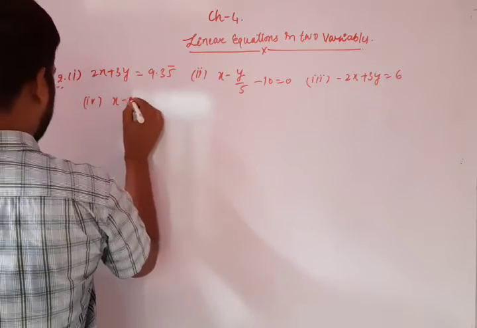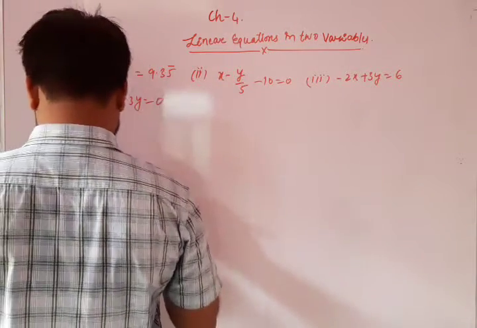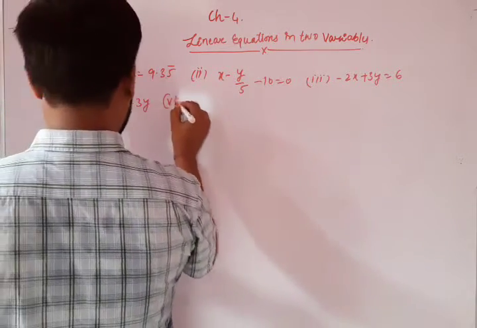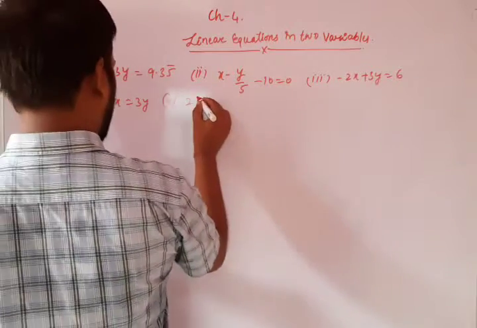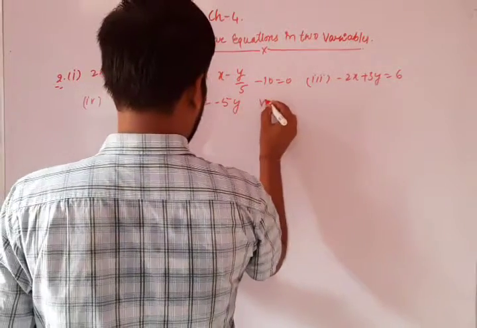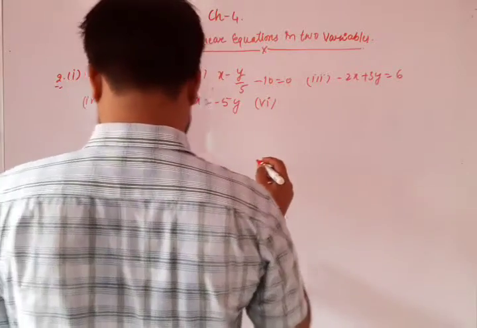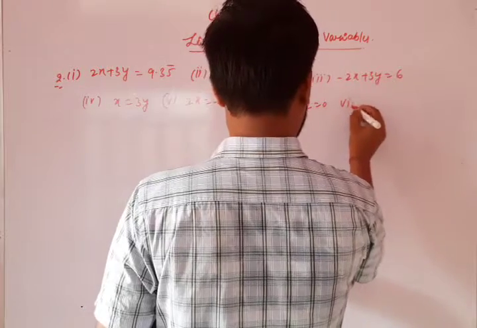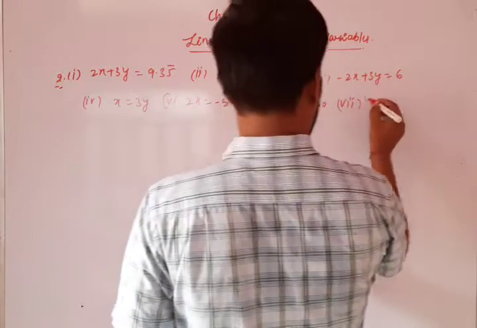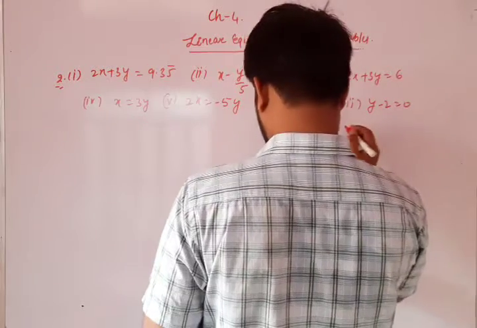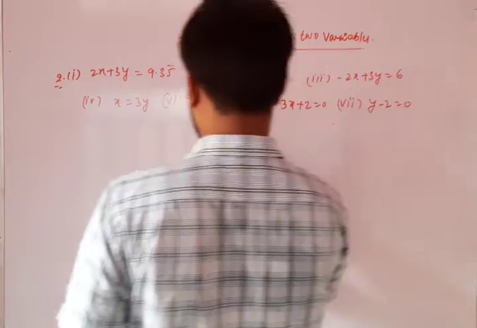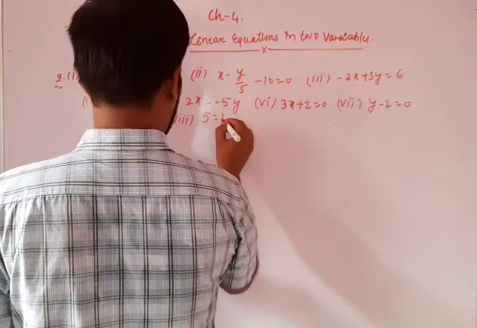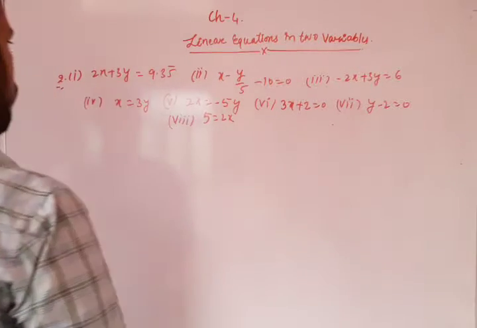Fourth, x minus 3y equals 0, that is x equals 3y. Fifth, 2x equals minus 5y. Sixth, 3x plus 2 equals 0. Seventh, y minus 2 equals 0. And eighth, 5 equals 2x.